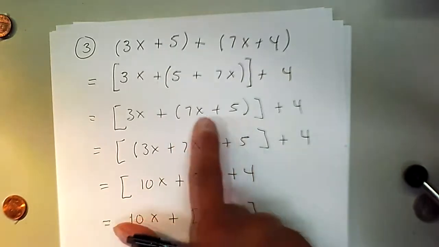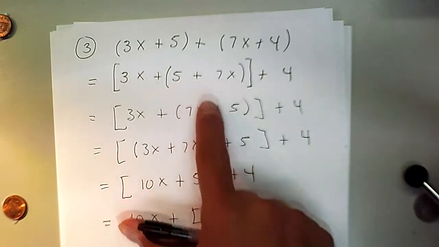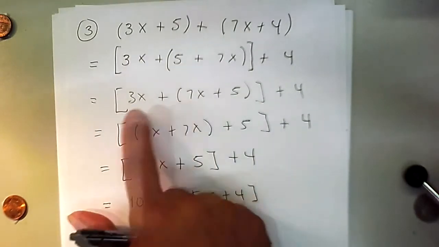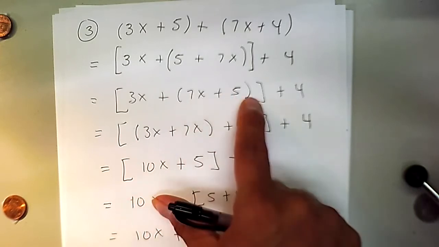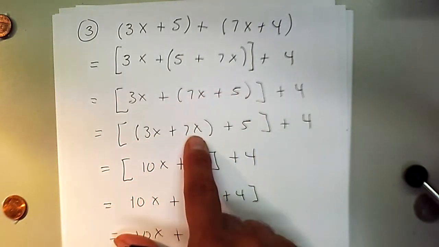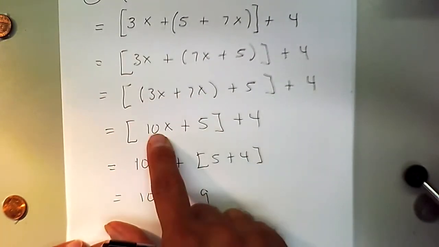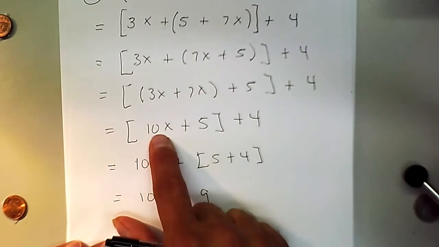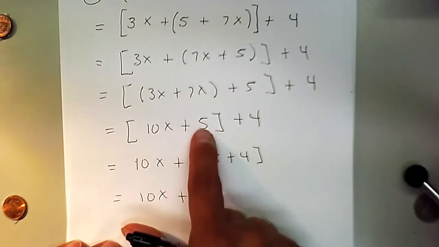We used the commutative property of addition because those two got flipped. And then we reassociate again. So instead of the 7x plus the 5 added together first, we're going to add the 3x plus the 7x, keeping all the terms together, I mean, in the same order. And then we add those two, finally. But now the 5 and the 10x are together, and we really want to have the 5 and the 4 together.